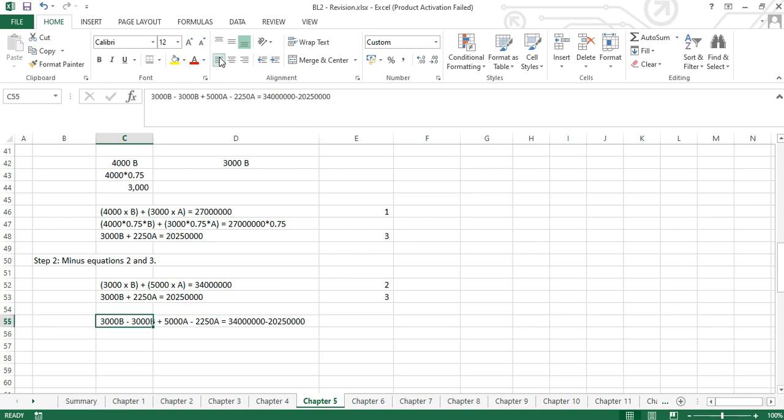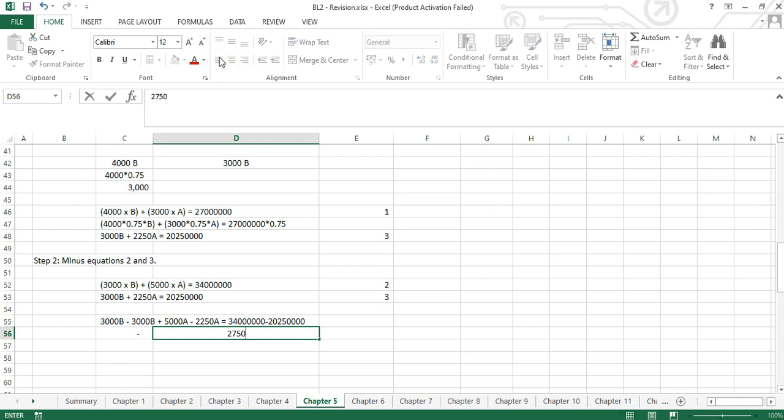So 3000B minus 3000B equals 0, but 5000A minus 2250A will be 2750A, and that will be equal to 34 million minus 20,250,000, which is 13,750,000.